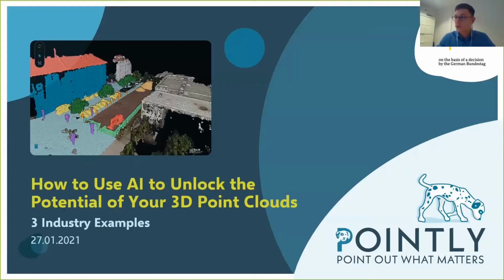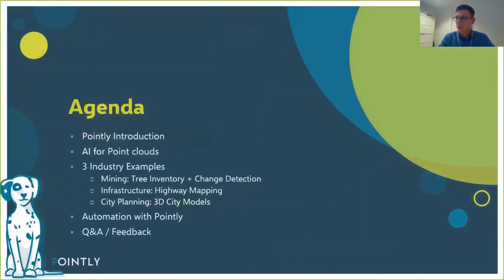So now let's go to the agenda. In the beginning, I will have a short introduction about Pointly, what that is, and how we use AI in combination with point clouds. And after that, we will go directly into the previous projects we conducted, and I will show you some real-world examples of how we used deep learning and machine learning on point clouds to get information directly from the raw point clouds.